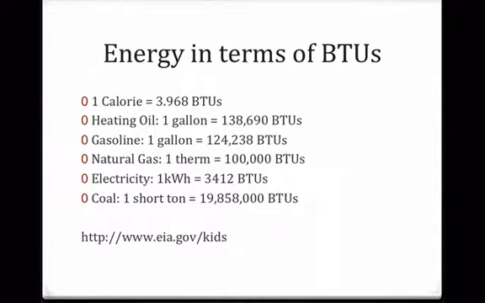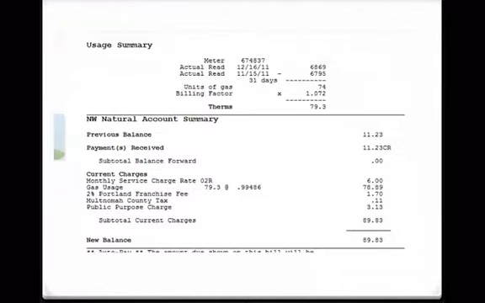So that's a lot of BTUs, and that's one of the reasons why coal is used in many parts of the world, especially in developing countries. Coal is being used more and more to generate electricity as those countries develop and become more industrialized.